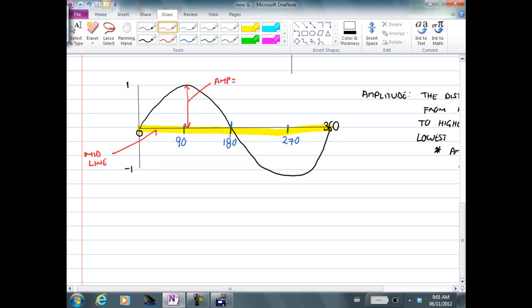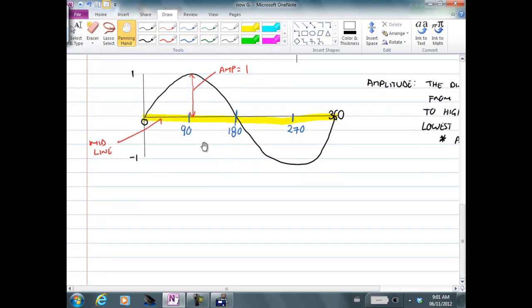Amp. And in this case, what's your amplitude? Yeah, well, what's the distance going to be? 1. Amplitude is 1. Guys, this is my first vocab. Midline is right here. It's a horizontal line that divides your graph in half. So let's write this down, midline.